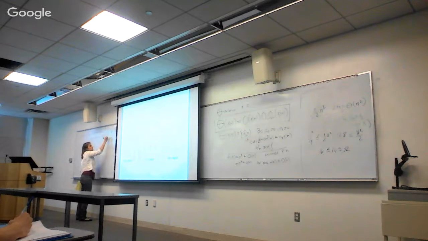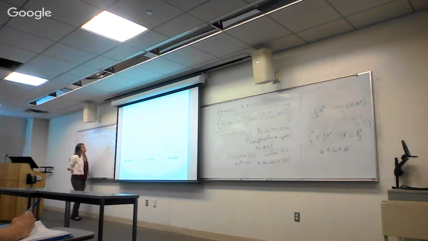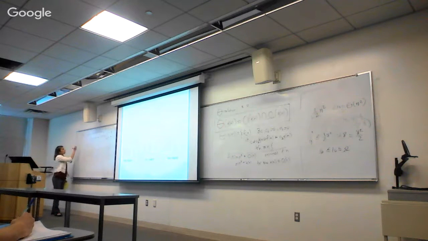Lowercase omega looks like this, and this is like strictly greater than. So we just rewrite the set, but this C becomes a for all.